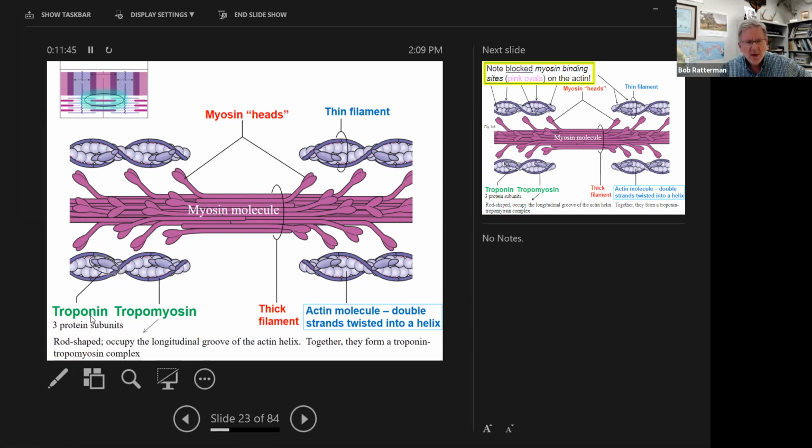These 2 proteins make up what's called the troponin-tropomyosin complex. You'll see how they work together in just a minute, and you'll be hearing a lot about them. You should know what they are. So troponin is 3 protein subunits scattered throughout the surface of the actin, and tropomyosin is these rod-shaped structures on the very outer groove of the actin helix. These are all proteins.